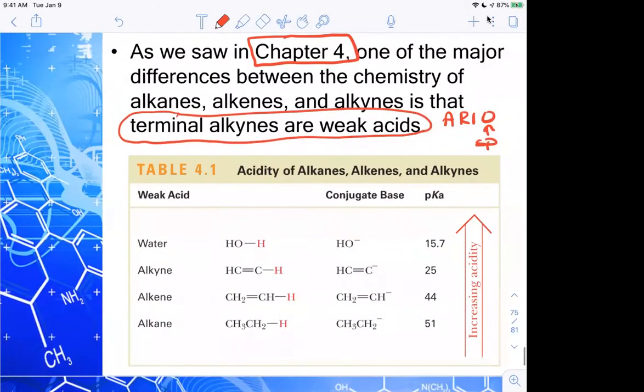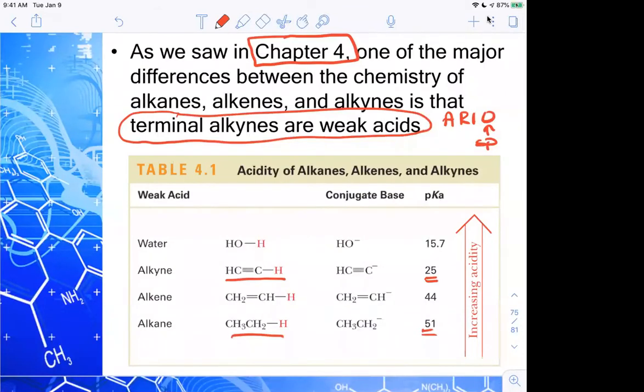So if I look at this, my pKa for an alkyne is much lower than my pKa for an alkane, and then my double bond is somewhere in between. This is a logarithmic scale, so remember that these units are really significant because that's orders of magnitude greater. Notice it's nowhere near what we consider acidic, like HCl or H2SO4.